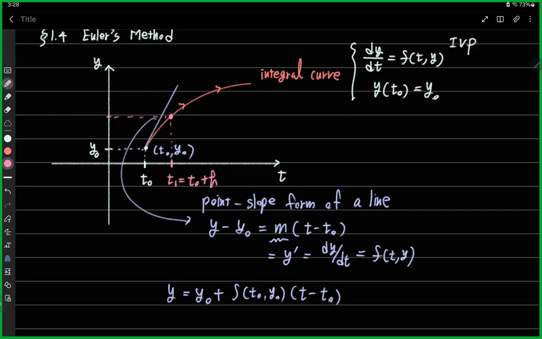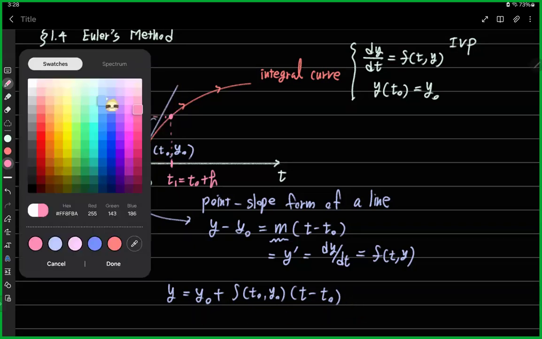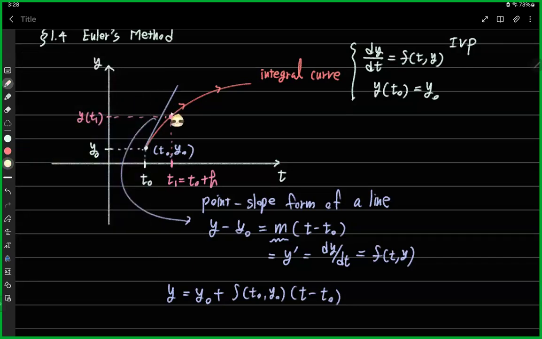This is y of t1, which we don't know, but we can approximate y of t1 using the tangent line, whose equation is this. Let's say this is y sub 1.